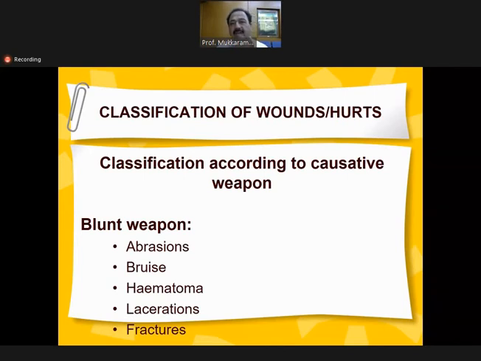But an abrasion is produced when a smaller article goes across the big size of the skin, like a pin. When you drag the pin across, the direction of the injury will be known to you. The time since injury will be known to you. The weapon will be known to you, that a pin has been used. So, the classification of wounds and hurts according to the causative weapon.